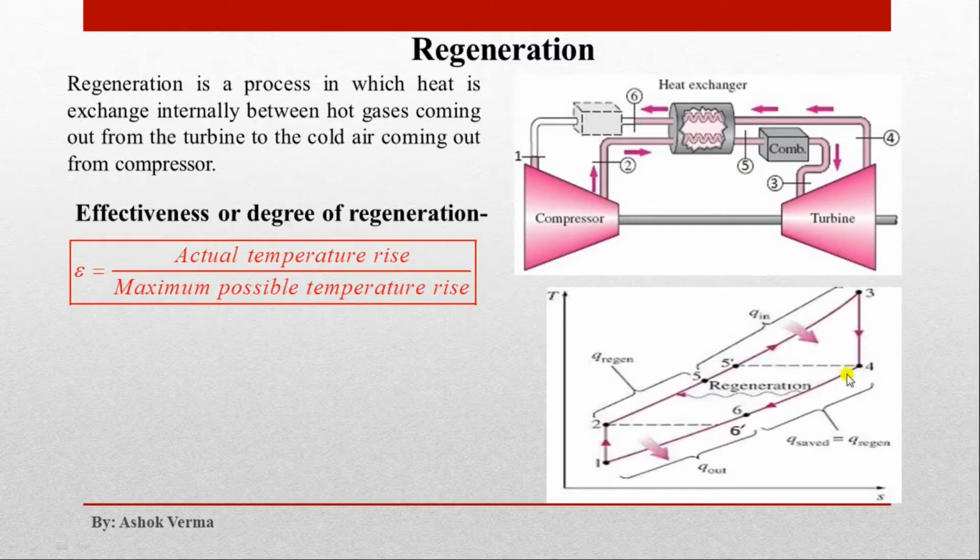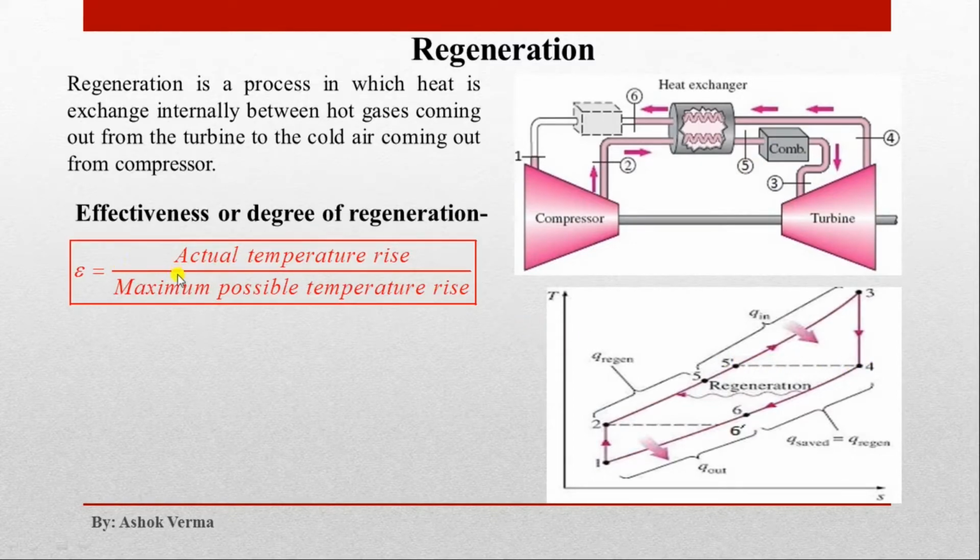By supplying this amount of the heat, the temperature of the compressed air is increasing from 0.2 to 0.5, but you can see the maximum possible rise in the temperature will be 0.5 dash, because the exit temperature is T4, so you cannot increase the temperature of the compressed air beyond this temperature. So the maximum possible temperature rise is T5 dash or T4.